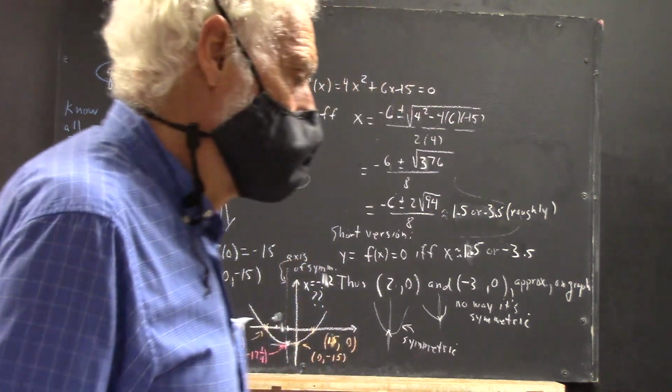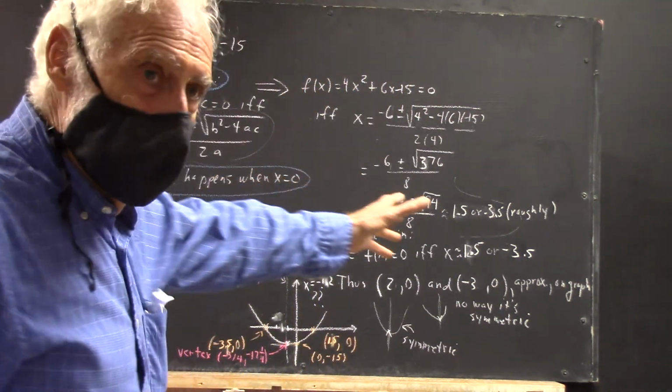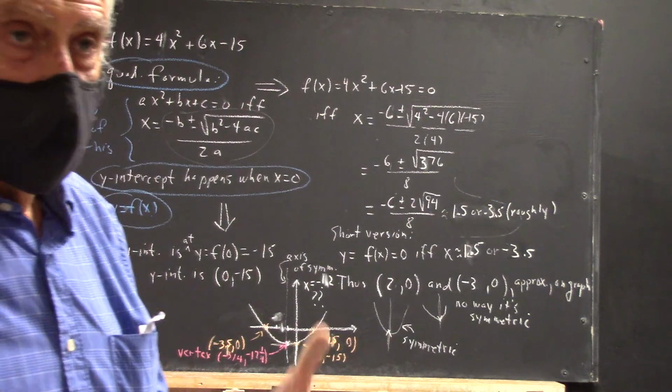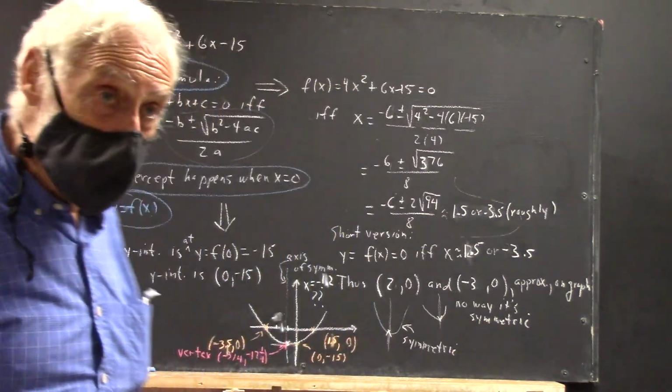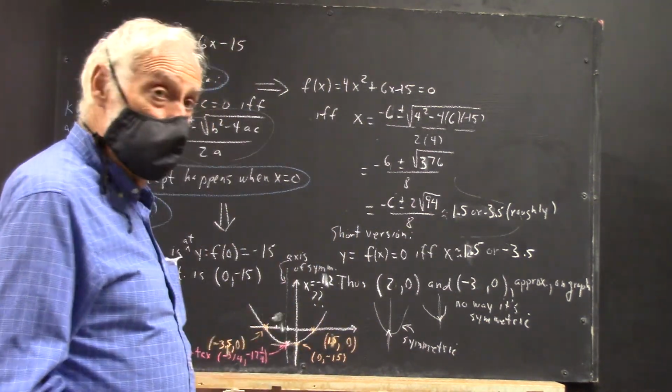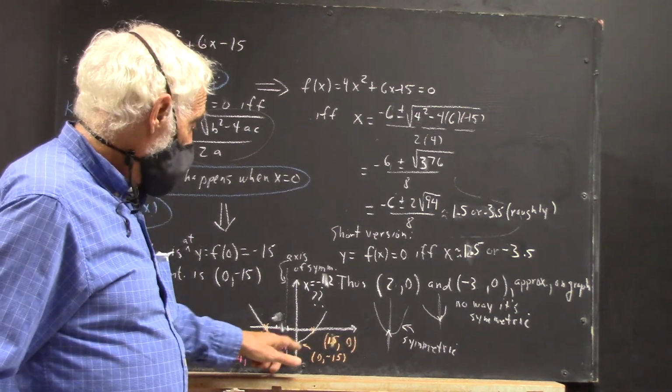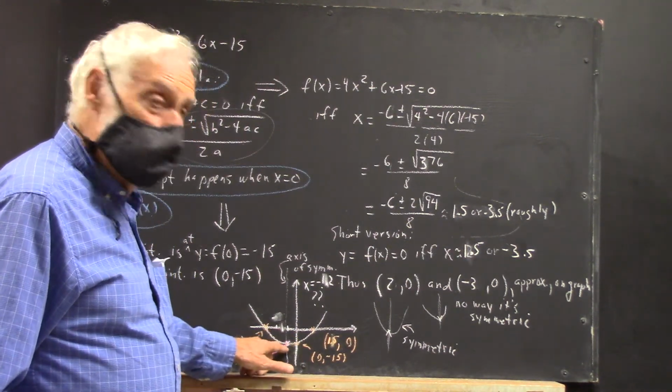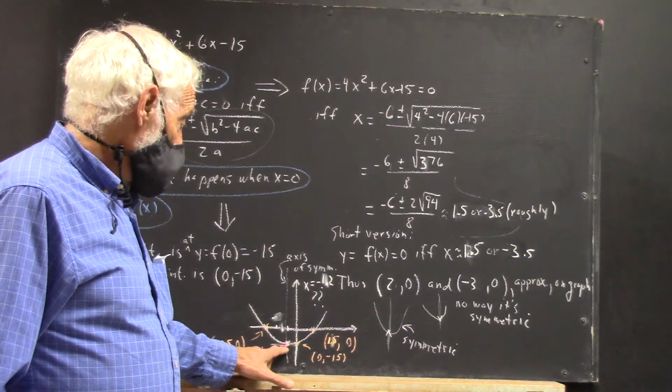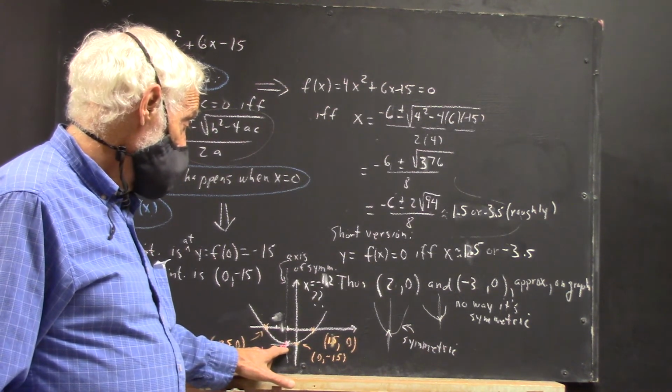So there's one thing I urge you to do. It's understand this picture and how to get a picture of the graph of the quadratic function with the zeros if they exist, and the y-intercept and the vertex. One last thing.